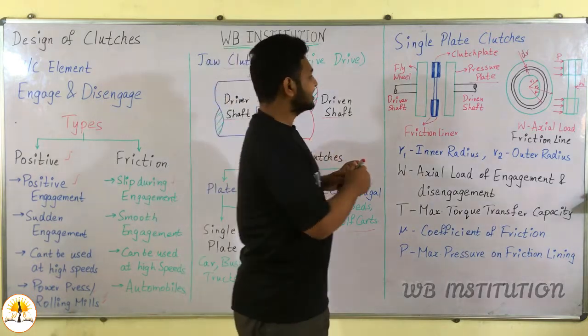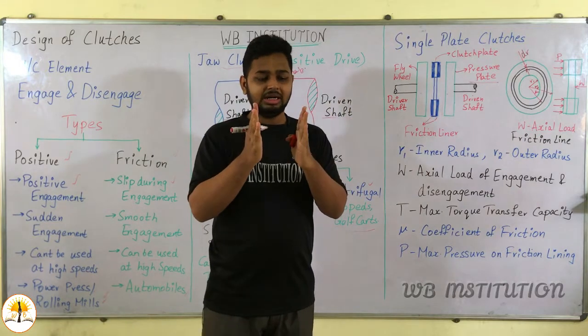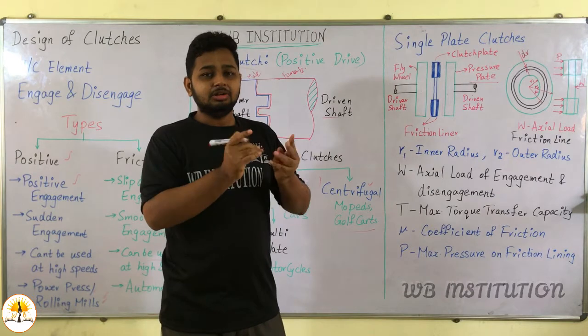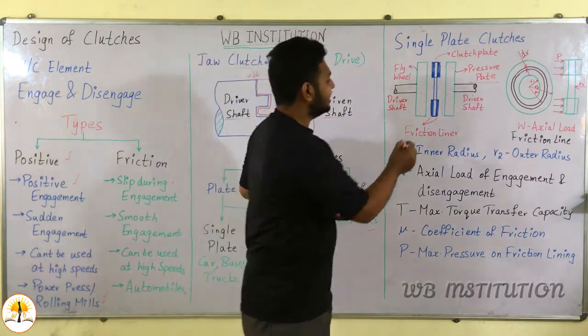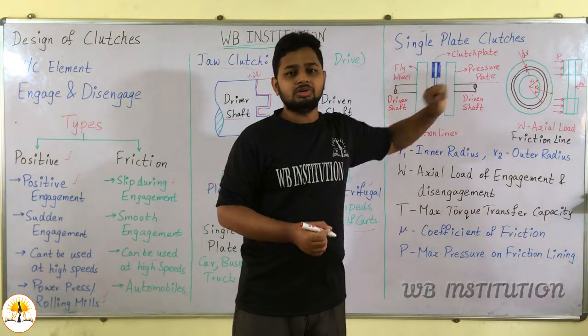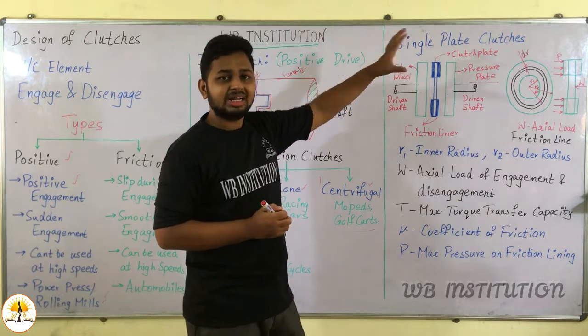When the driver shaft and driven shaft come closer, then by means of friction in this clutch plate, the motion is transferred from driver shaft to driven shaft. So this is the working principle of a single plate clutch.